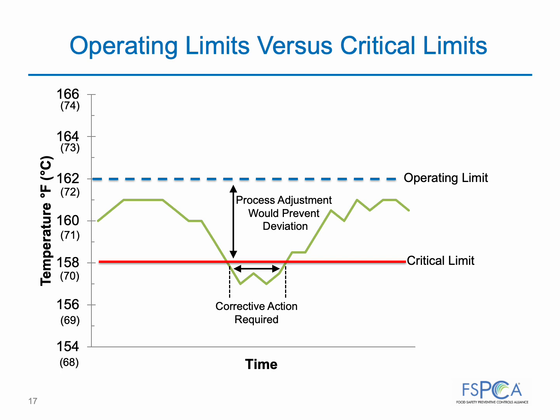In this example of a cooking process, a critical limit is established at 158 degrees Fahrenheit, 70 degrees Celsius, and the temperature fell below that limit. Setting an operating limit above the critical limit could have alerted line personnel to make a process adjustment to bring the cook temperature back above the operating limit.